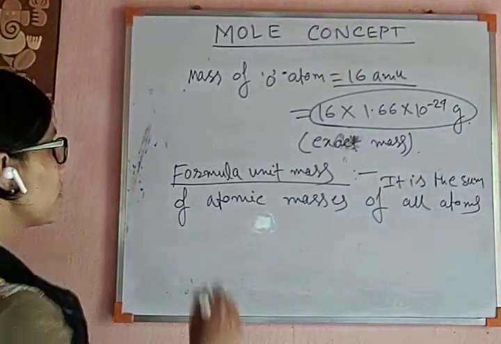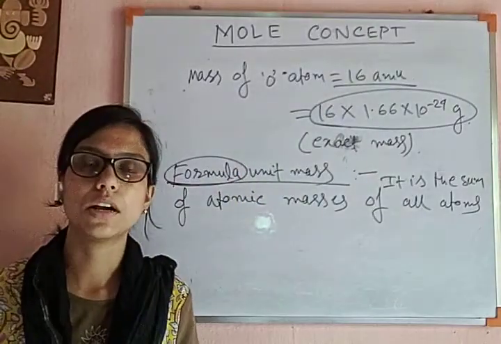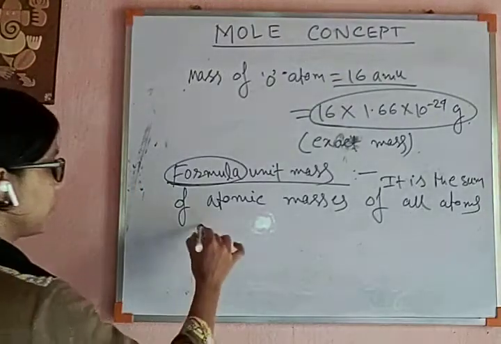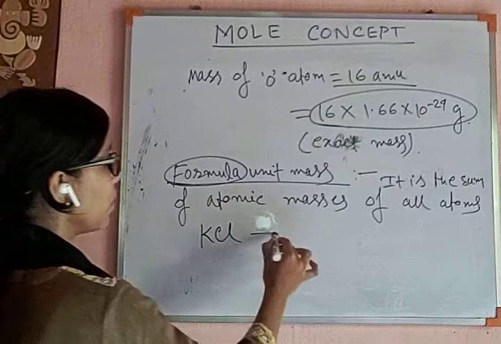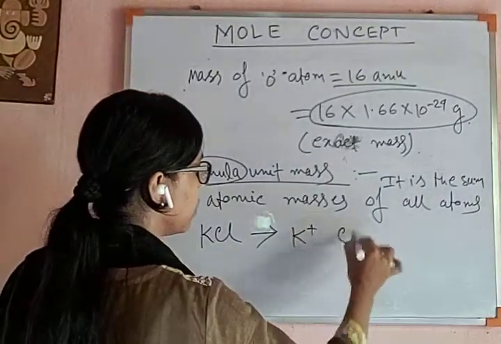So why this term formula? This term formula is used where there are some kind of ions present in the substance. So if I take potassium chloride, in potassium chloride the ions present are K plus and Cl minus.